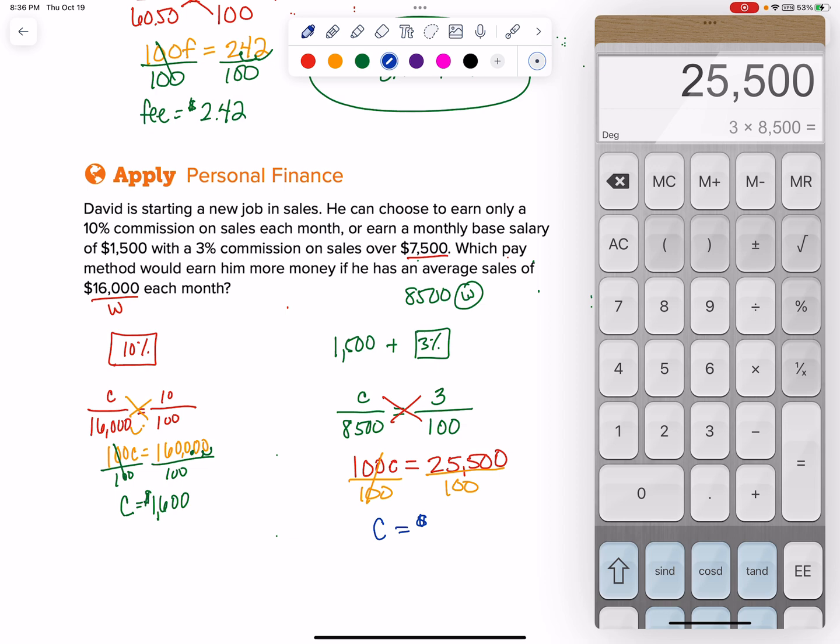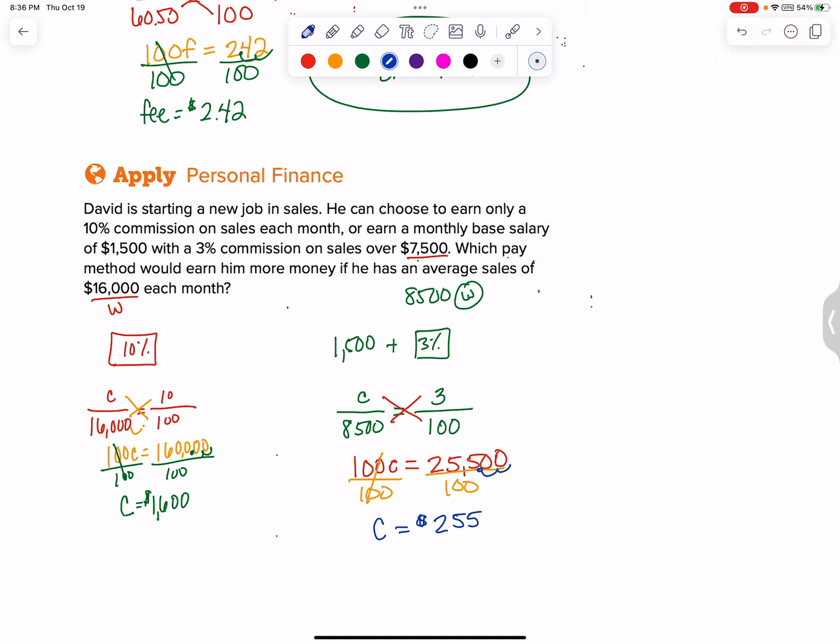And so my commission on this one, sorry I didn't really talk through that, we've done that a million times, is $255. But remember that I get this $1,500 salary, so we can add the $1,500 to that as well.